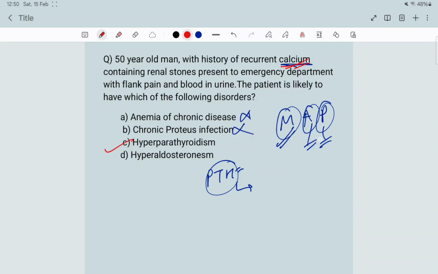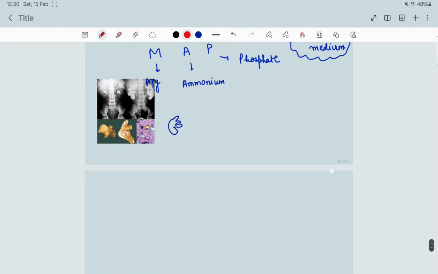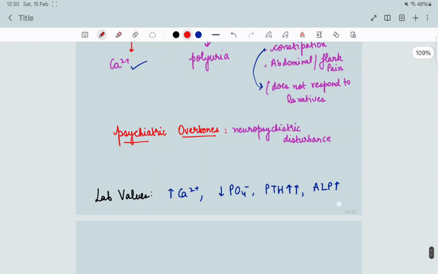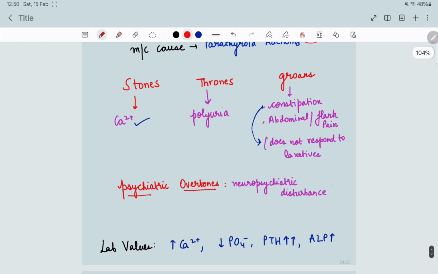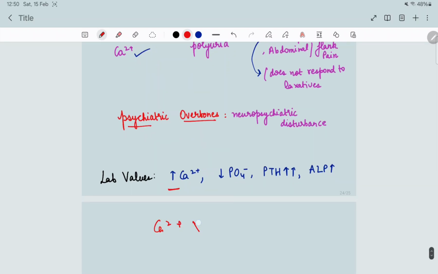Now what are the lab values? What will happen to calcium level, phosphate levels, ALP levels in primary hyperparathyroidism? So what does parathyroid hormone do? It increases the calcium levels. It resorbs calcium from the bones to come into the circulation. So definitely it increases calcium. And you also know that calcium and phosphate have a balance to maintain.